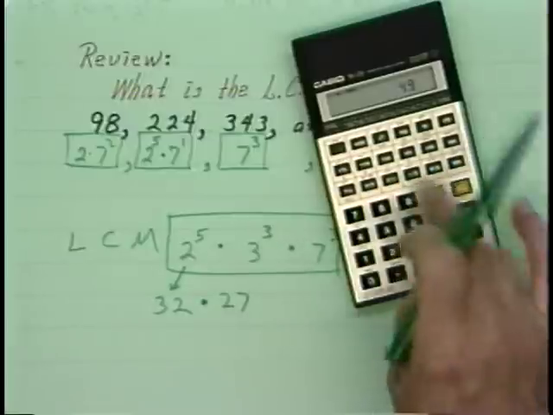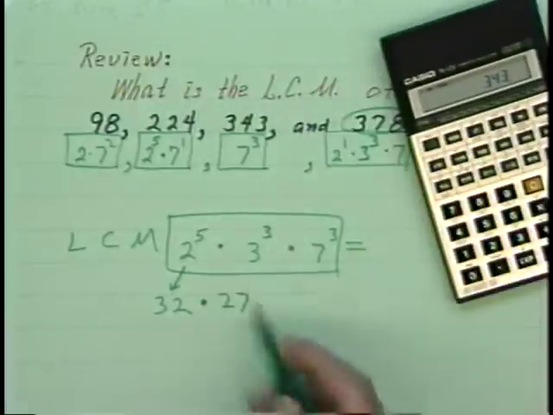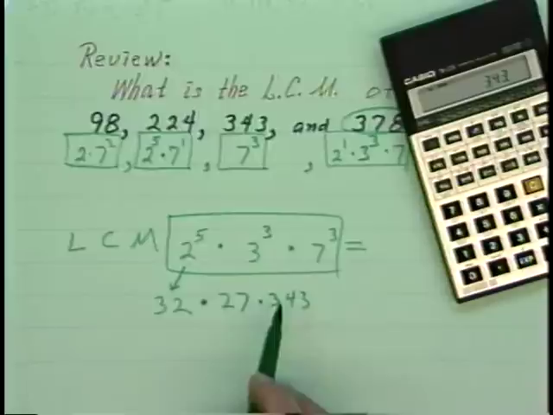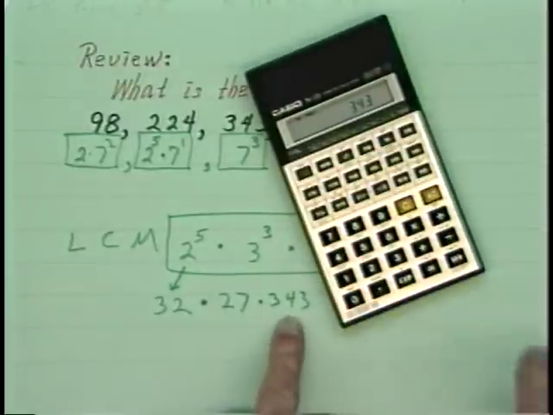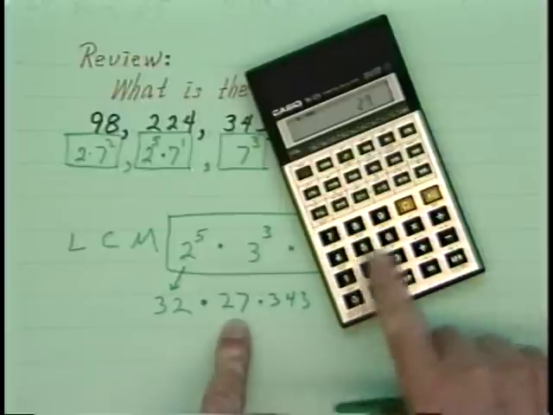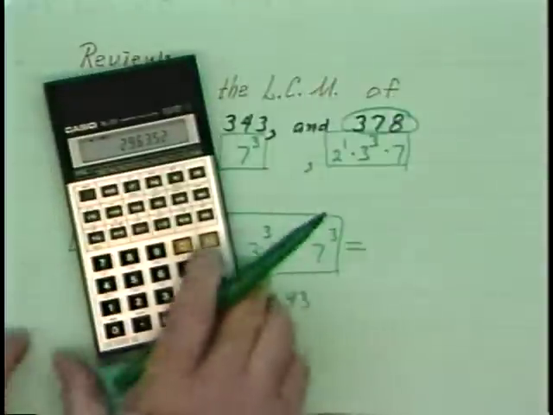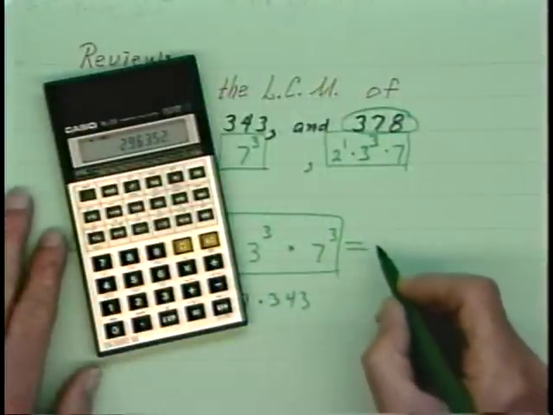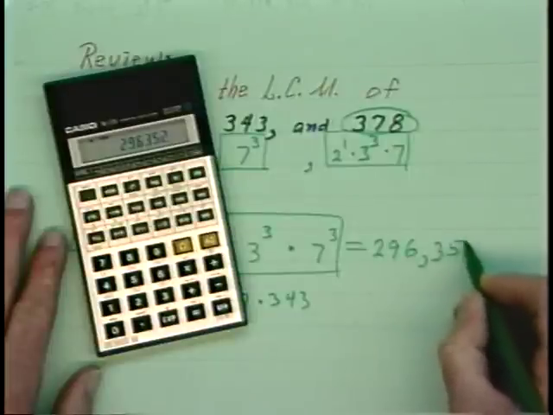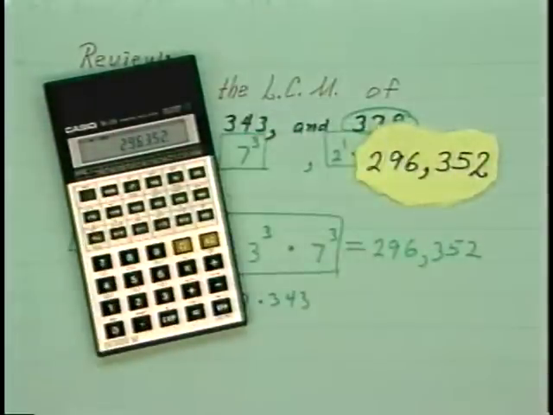So 49 times 7 is 343. So completing our multiplications, and let's do it on a calculator, we have 343 times 27 times 32 equals 296,352. And of course, just a moment ago, that was our claim.